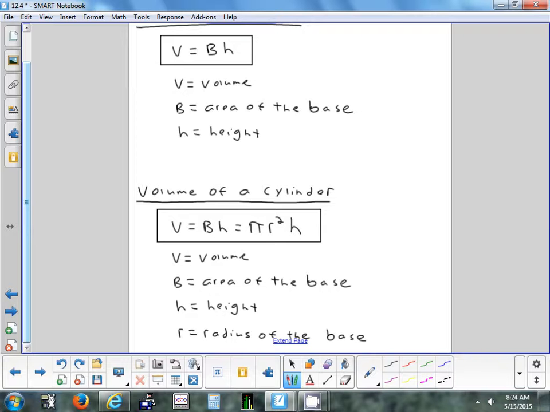Another thing we can do with volume, if we have time, we'll look at it maybe later on, is I could say, suppose I had a sphere and the volume was 200 cubic inches. I'm going to melt that sphere down. Okay, it's metal. I'm going to melt it down and turn it into a cylinder. Why not butter? Okay, we could use butter. So we're going to melt that down and then put it in a mold. We're going to turn it into a cylinder with a radius of 3 inches.